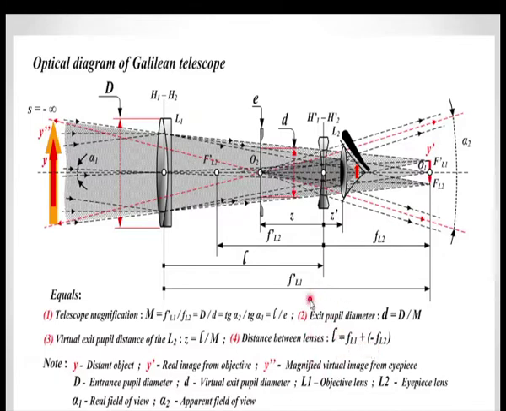This is how you can learn more clearly the magnification of a telescope. The same magnification can be applied for the reflecting telescope also. This is the magnification formula for a refracting telescope. For reflection also the same methodology can be adapted.